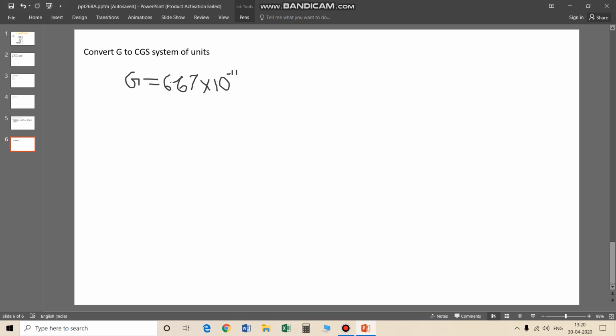So I will not write the unit; you must solve it yourself. Solve the question by pausing the video and then moving on to the solution. What is the dimension of G? M to the power minus 1, you must remember this, L cubed T to the power minus 2, right?